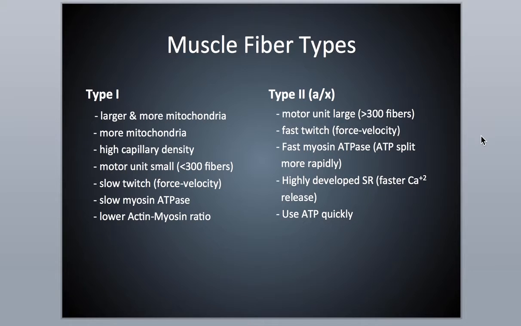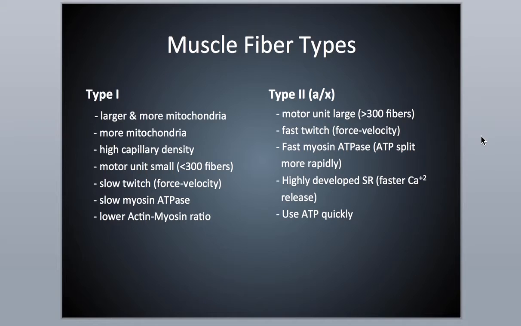They also have a highly developed sarcoplasmic reticulum, which means there's going to be a quicker release of calcium, which can possibly translate into faster binding to troponin, binding of myosin to actin, and muscular contraction, coupled with the fast myosin ATPase.